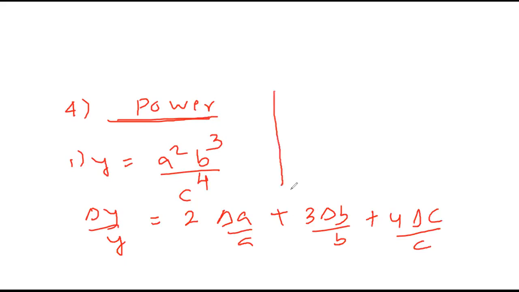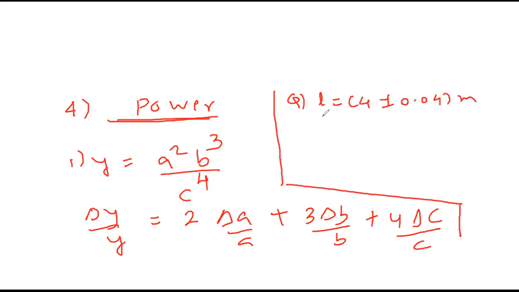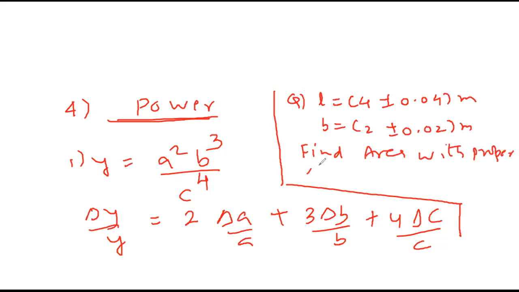One sum. If I have length as 4 plus or minus 0.04 meter and breadth as 2 plus or minus 0.02 meter, we want area with proper limits.